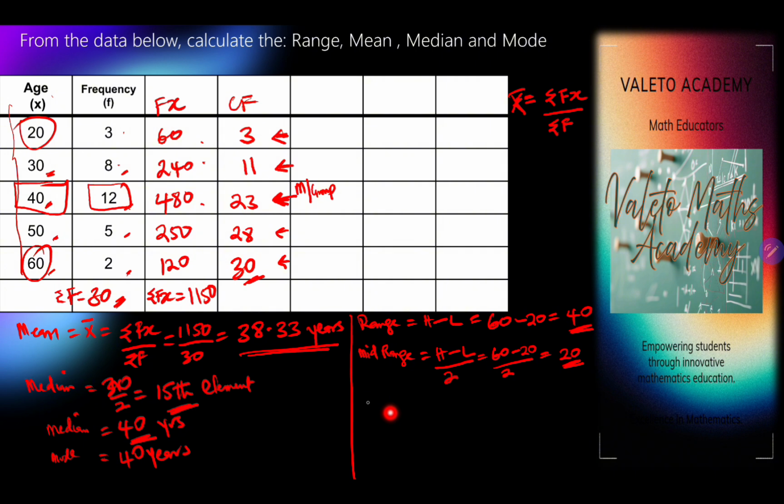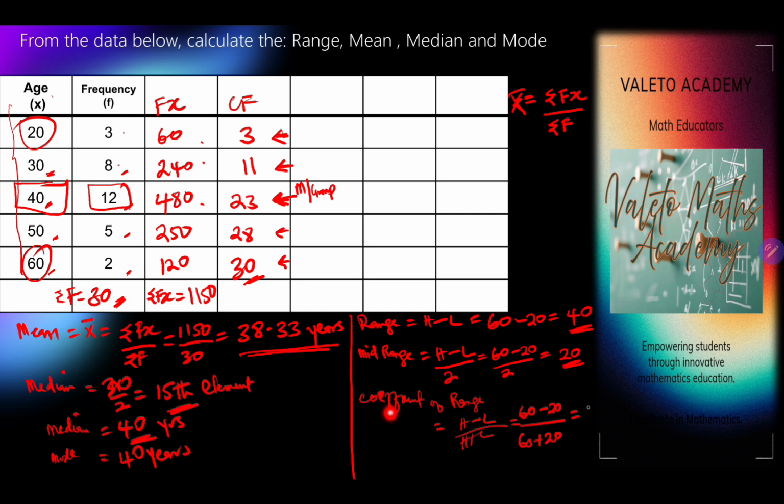Then if we look for our coefficient of range, this is given by the highest value minus the lowest value divided by the highest value plus the lowest value. This is equal to 60 minus 20 divided by 60 plus 20.